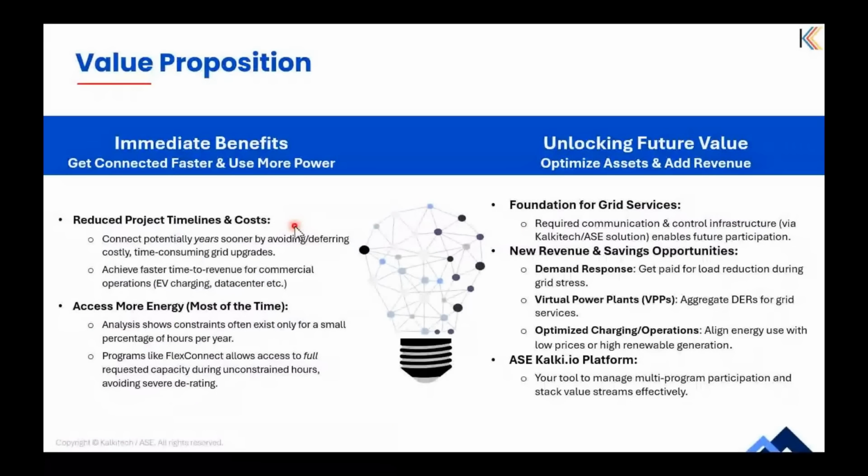Grid constraints often only present during a relatively small number of peak hours per year. FlexConnect allows you to operate at your full requested capacity during all other unconstrained times, rather than facing severe year-round power restrictions, as we saw in a few of the case studies we discussed earlier.